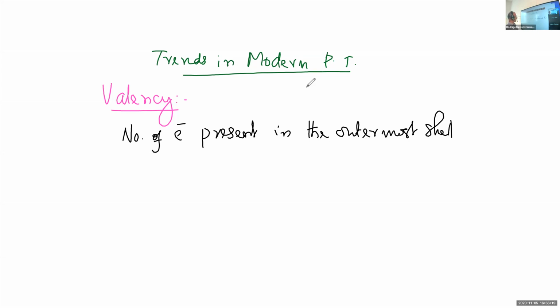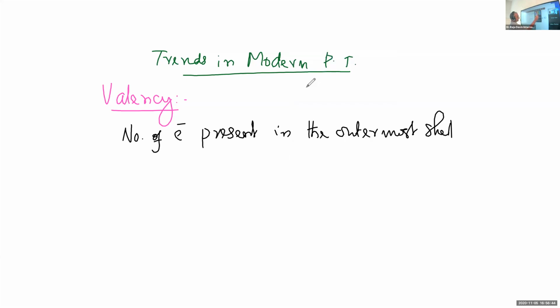So we say valency of an element depends on the number of electrons present in the outermost shell of an atom of the element. In the majority of cases, valency of an element is equal to the number of electrons present in the outermost shell.